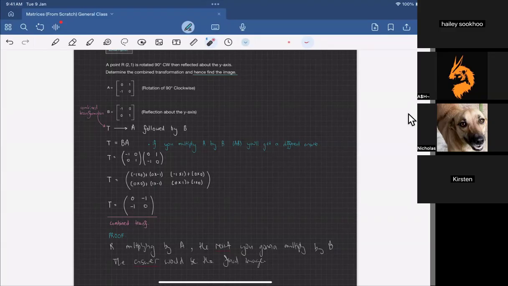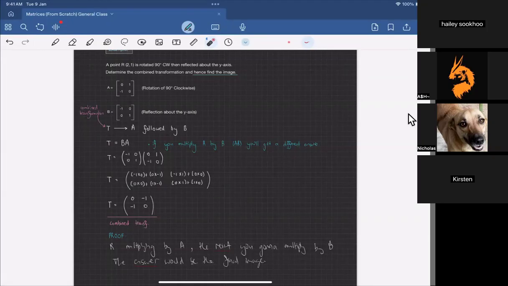So I was saying, you multiply the point by the transformation A, and wherever you get, you multiply that by the transformation B. So you understand that that point is where you would get if you rotate it 90 degrees and reflect it.